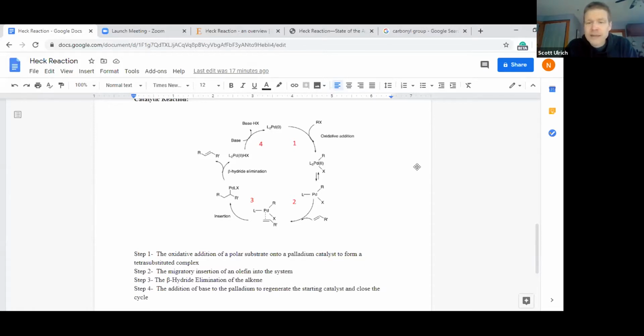Then the palladium gets inserted in between the carbon halogen bond, and it becomes oxidized from palladium 0, which means just the metal, to palladium 2.